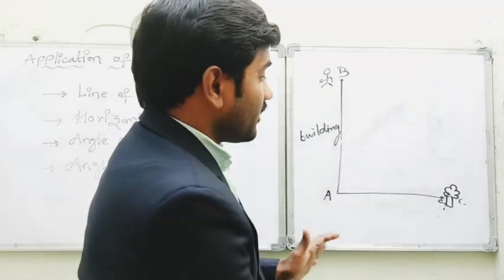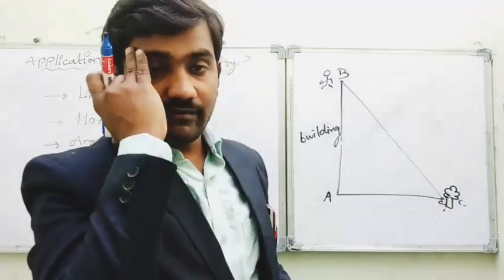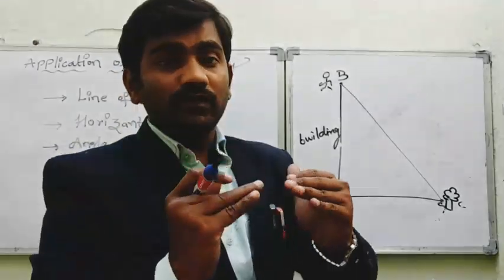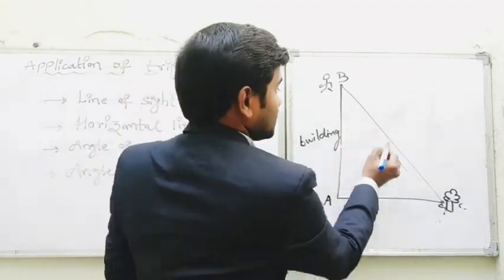Now let us see. If you are observing this point, it is known as the line of sight. What I said, line of sight, in the sense from the observer to the observation point. If you join a line, it is known as a line of sight.